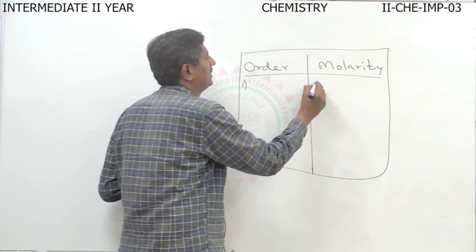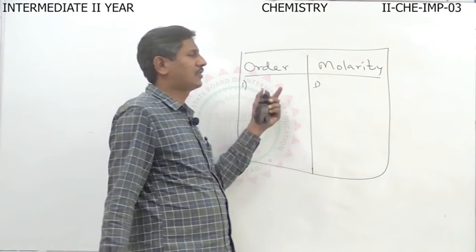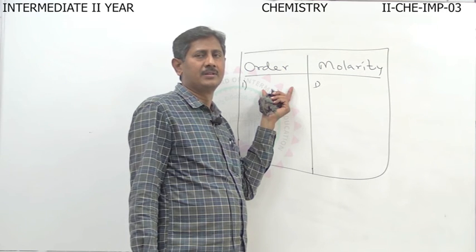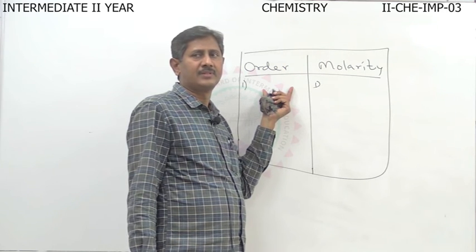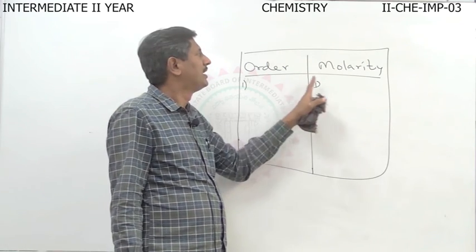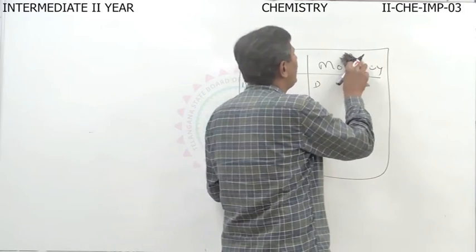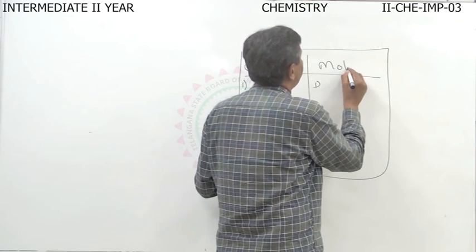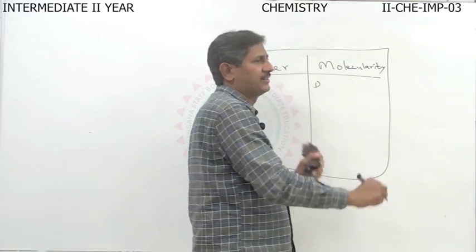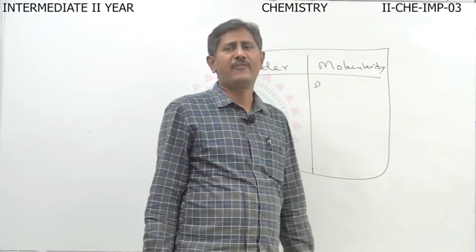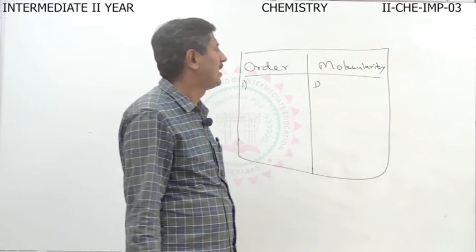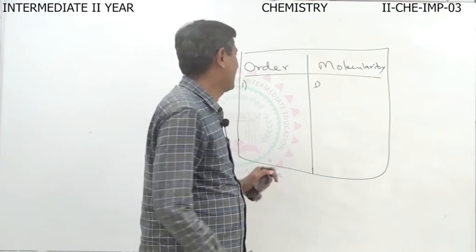The sum of the powers of the concentration terms present in a rate law equation is called the order of the reaction. Molecularity of the reaction: the number of molecules or atoms present in the rate determining step or elementary step is called the molecularity of the reaction.